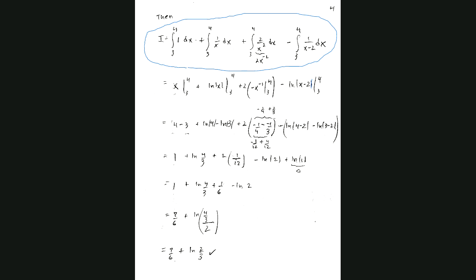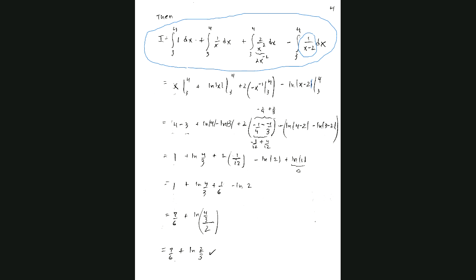Let me give you a chance to copy that down. I don't think there's really anything I need to go into great detail about. The fourth integral is the antiderivative of 1 over x minus 2. You could use a substitution on that and let u equal x minus 2.